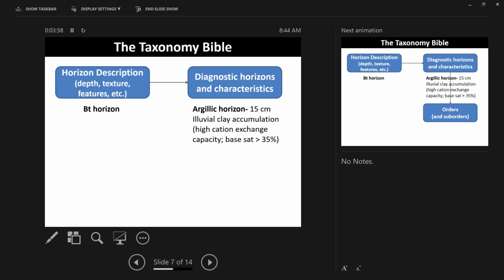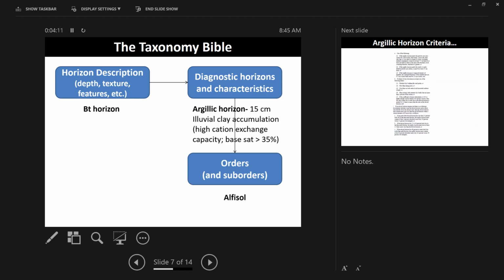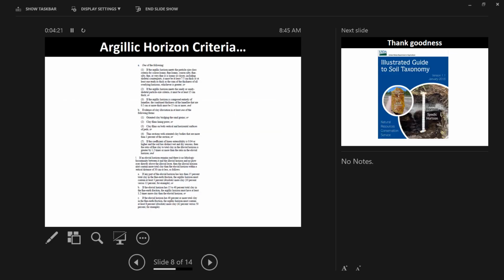Okay, so there's extra criteria to call an everyday ordinary Bt horizon an argillic horizon. But if you can do that and call it an argillic horizon, now you can get to the order and suborder level, and you would find out that alfisols are soil orders that are characterized by these argillic horizons. It's one of the diagnostic horizons of an alfisol.